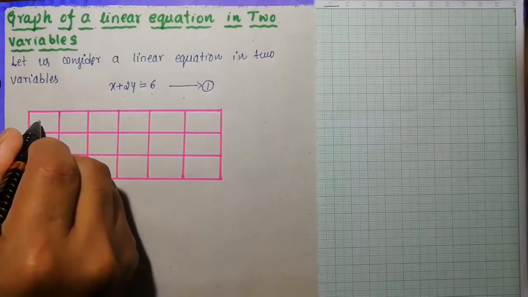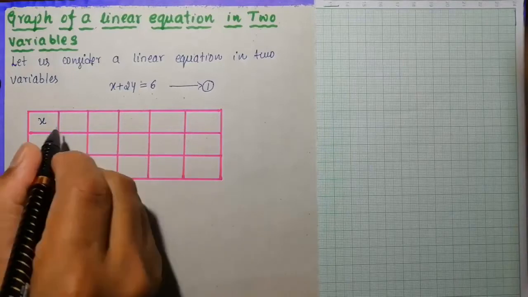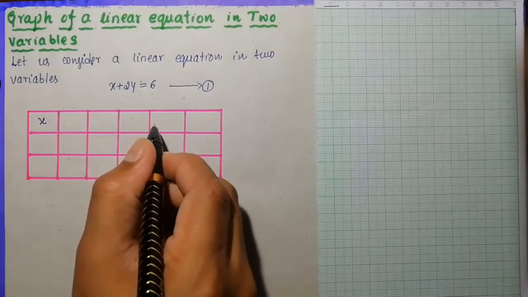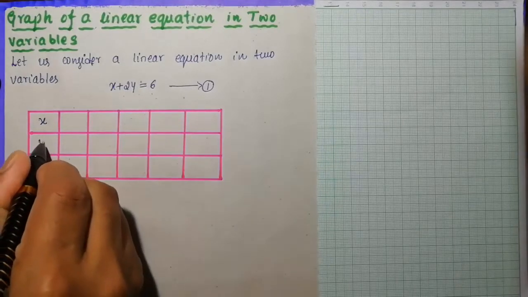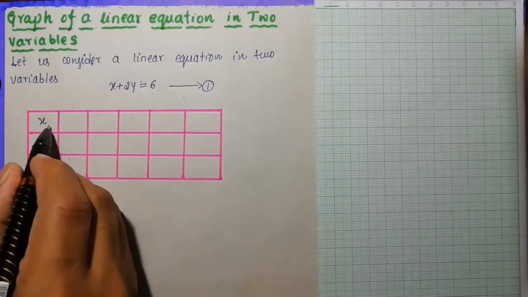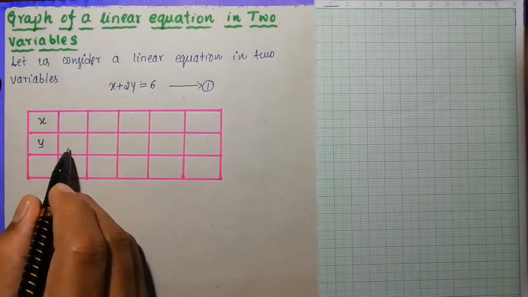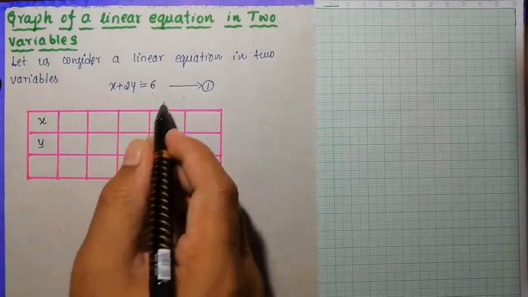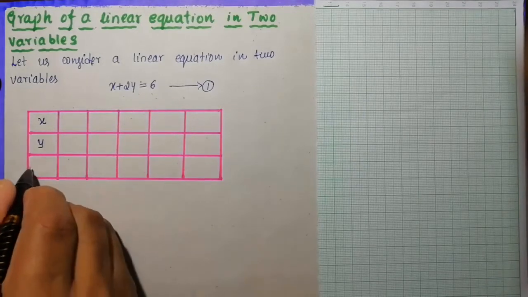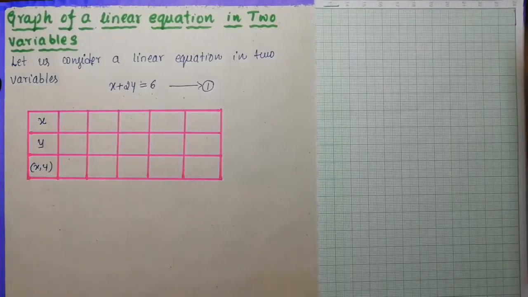In the first row, I'm going to write down the x values, and here I'm going to write down the values of y. I'm going to choose the values of x, fix the value of x, and then calculate the corresponding value of y for equation 1. And in the third row, I'm going to write down the solution in ordered pair form.